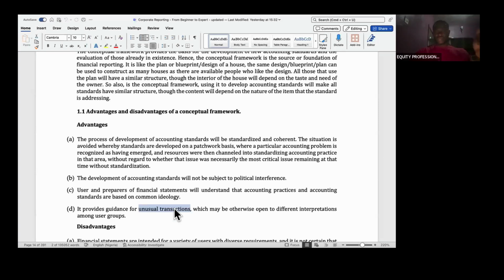However, over time, the IFRS Interpretations Committee came up with an interpretation and taught us how to treat it. Their ability to do so was based on their understanding of the conceptual framework. They used the conceptual framework to develop that guidance. So the fourth advantage of this conceptual framework is that it provides guidance for unusual transactions. So those are the advantages of the conceptual framework.